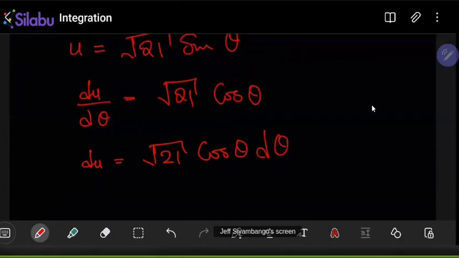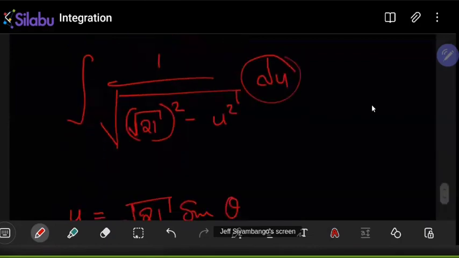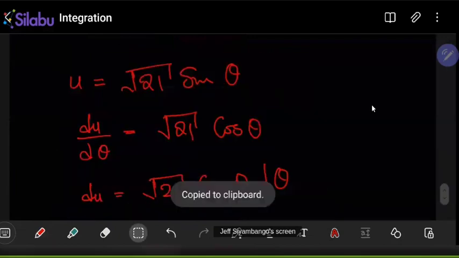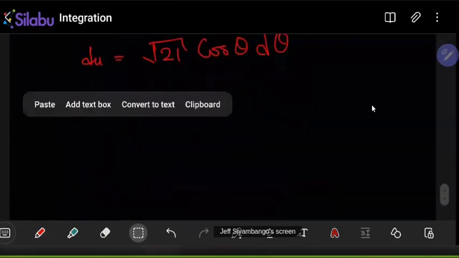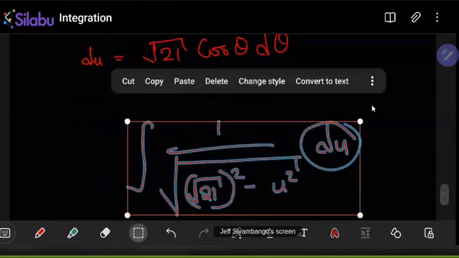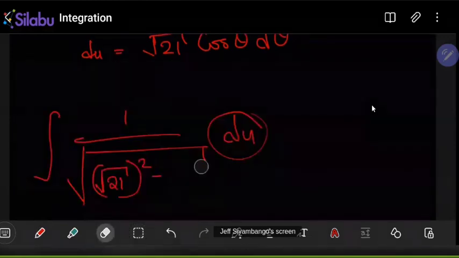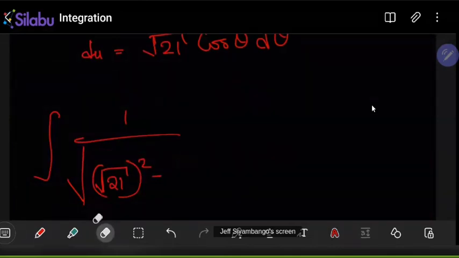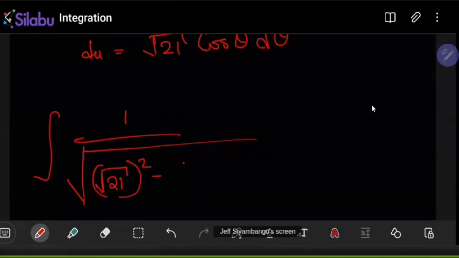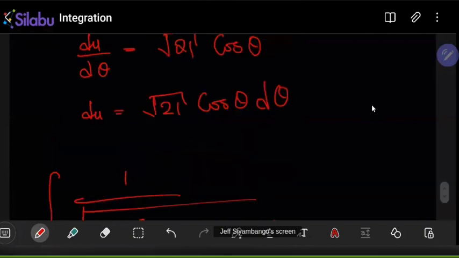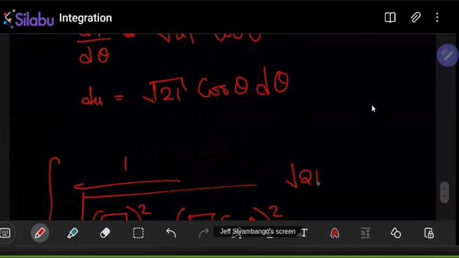And then we substitute. I'll get this. Now I'll just substitute. In this case, where there's u, I'll put that expression. So where there is u, I'll put root 21 sine theta. But this, remember, is squared because u is squared. Then we have du, and du, we've just seen, is root 21 cos theta d theta.